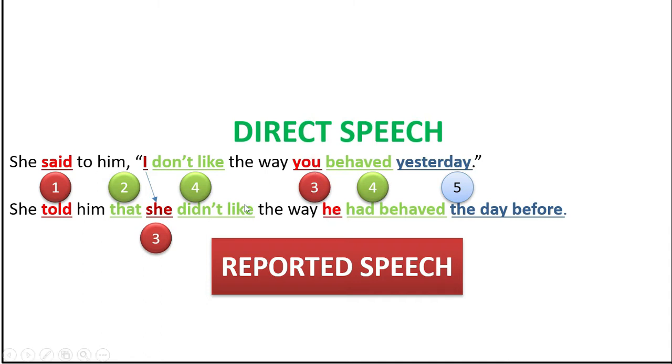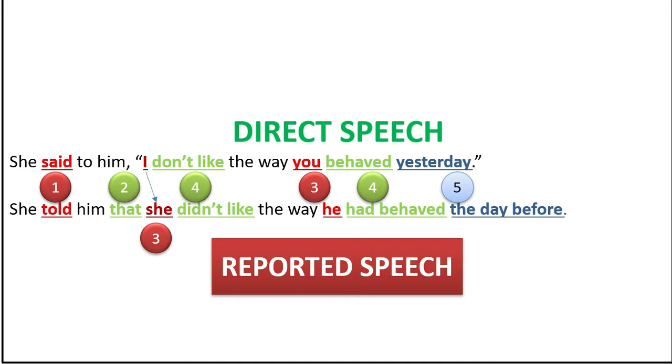And change number four is verb tense. And we have change four again, because behaved changes to had behaved. This is tense change. And yesterday, adverb of time, changes to the day before. Okay, so these are the five changes that occur when we change direct speech into indirect speech.